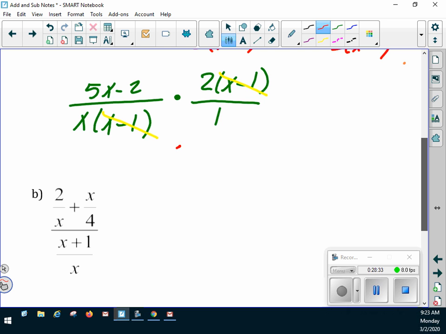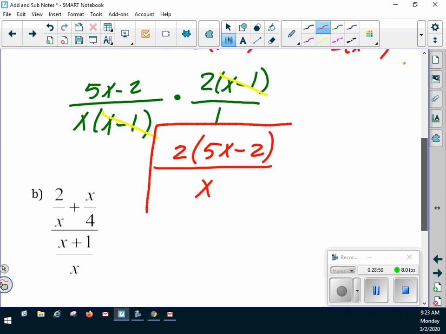Here's the way I would suggest you write it. 2 times 5x minus 2. If you want to distribute the 2, you can. You don't have to. Over x. And that, ladies and gentlemen, is how you do a complex fraction.